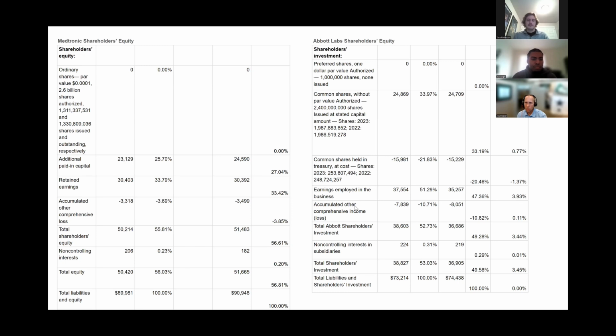It's interesting that these both report on the same things, but they have different names, obviously. And Abbott Labs is a little more descriptive in their investment names. So it's a little more complicated looking at Abbott's, but Medtronic's is definitely a lot easier to read.